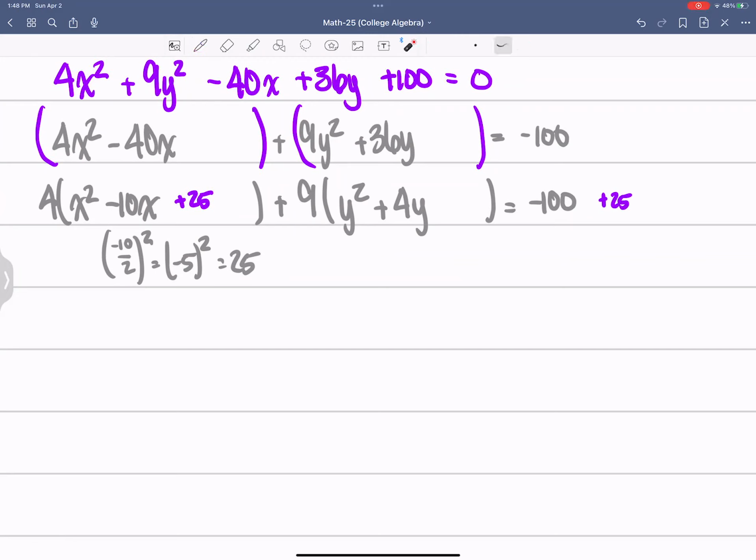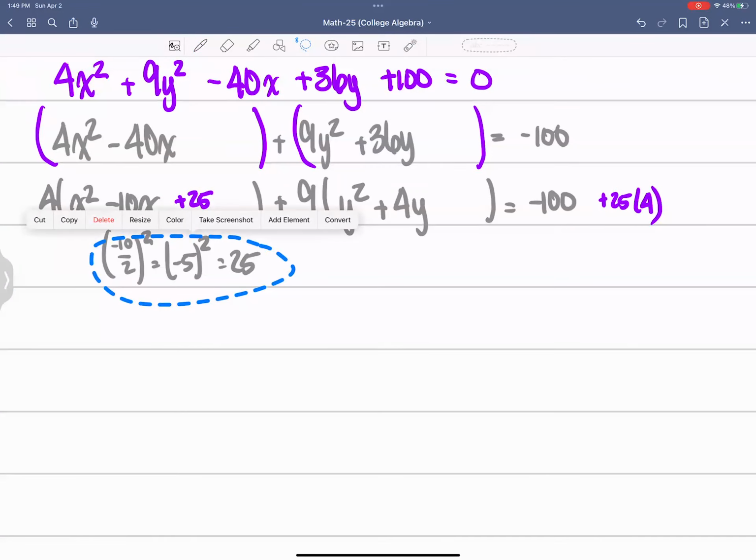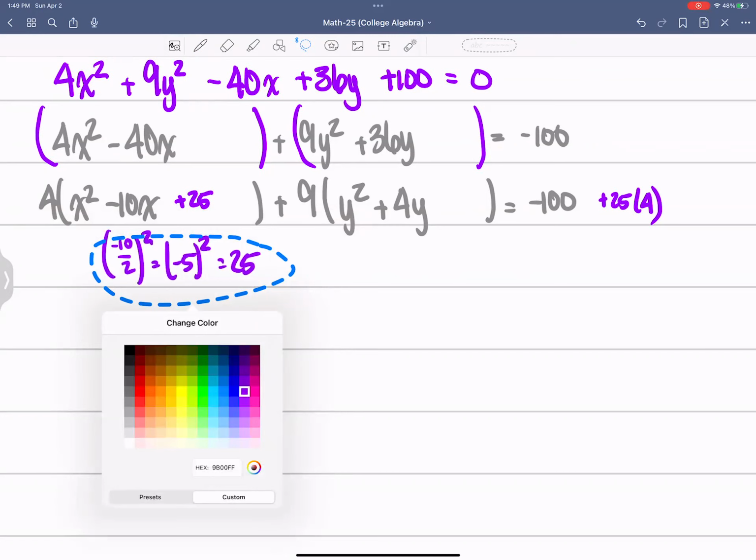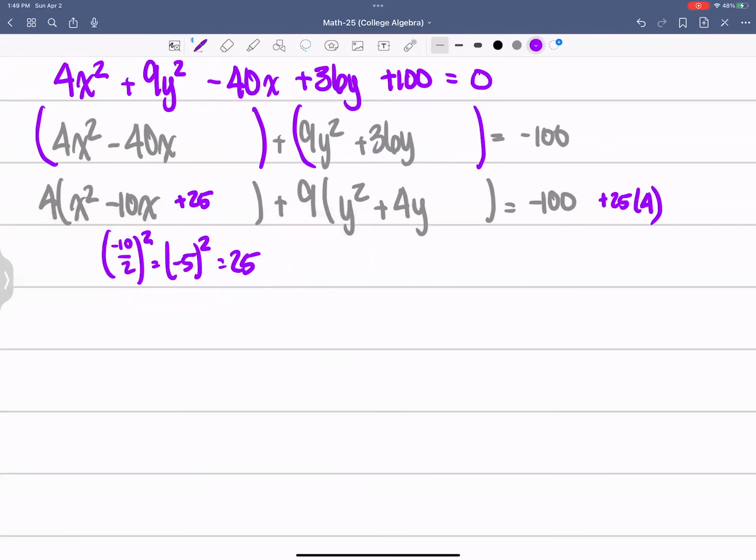But notice that when we added this 25 inside, it was being multiplied by that 4. So we also need to make sure this 25 on the other side is being multiplied by a 4. Let's color this the same, to keep it nice.